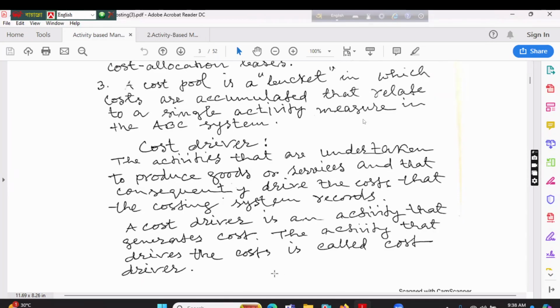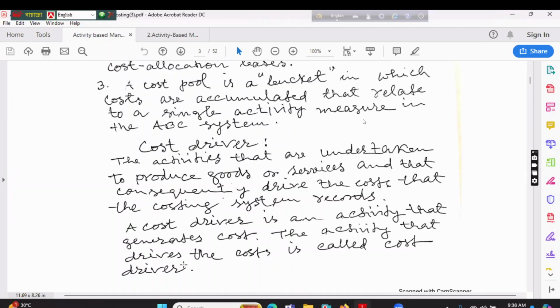The activity that drives the cost is called the cost driver. Suppose, designing a product.